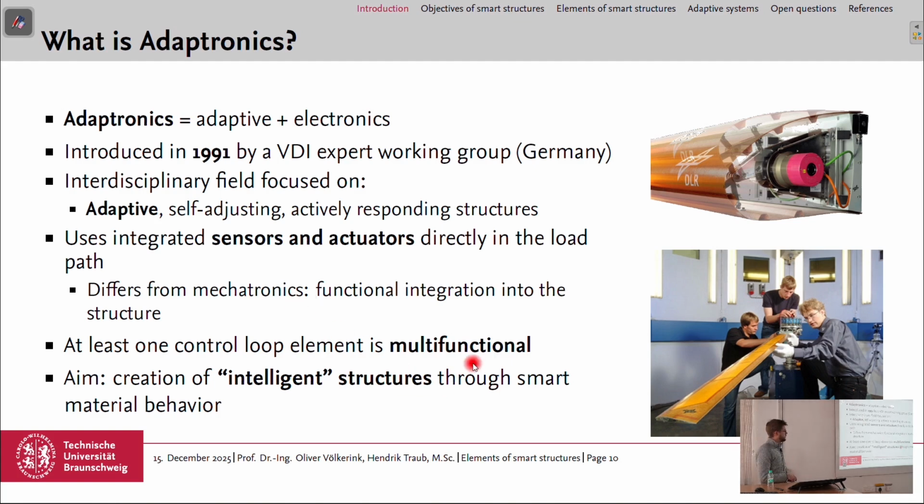We will also come to the definition of functional and multifunctional later on. And the aim really is to create intelligent structures through this smart material behavior. Here again we have the droop nose and also an active rotor blade, which is introduced in a few slides.